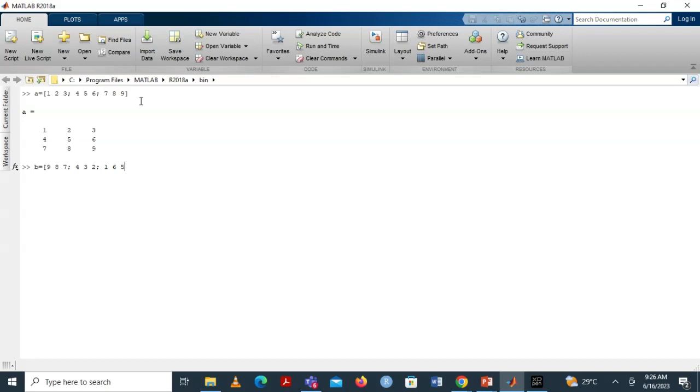I have to close it with a square bracket. Let's press enter. Now we have our second matrix.